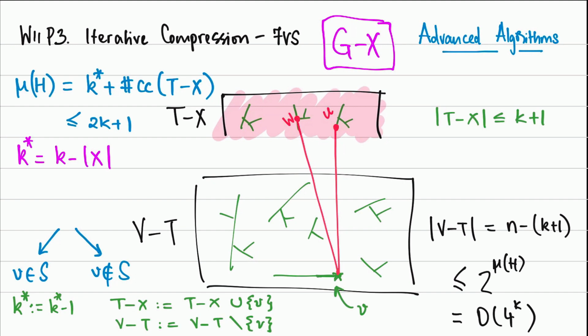Of course, this whole thing gets plugged into this 2 raised to k outer loop, and you can actually do a more careful analysis of the running time.